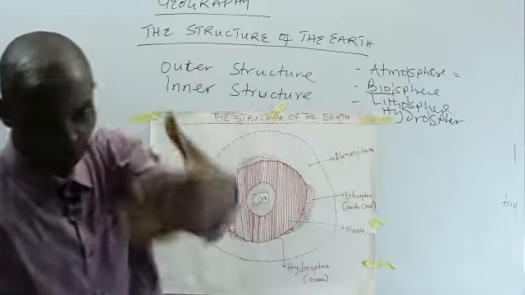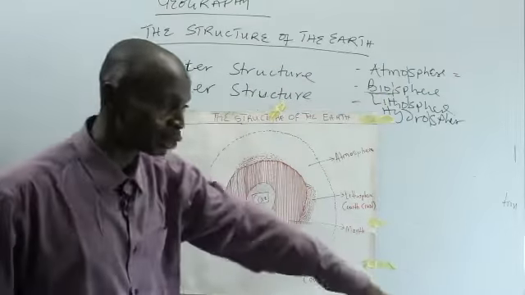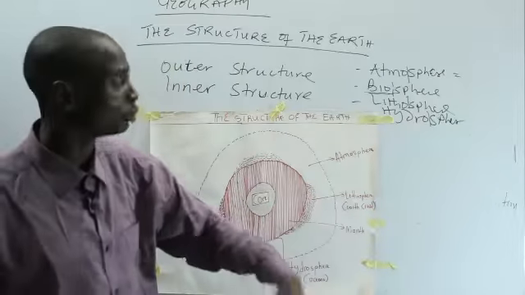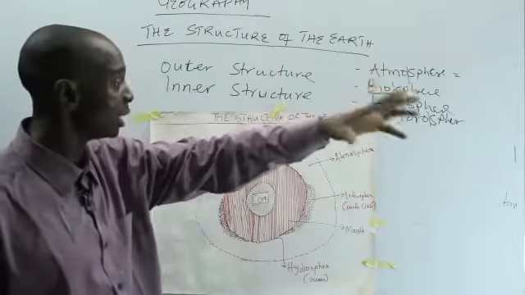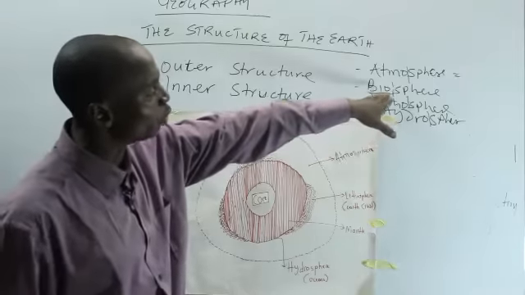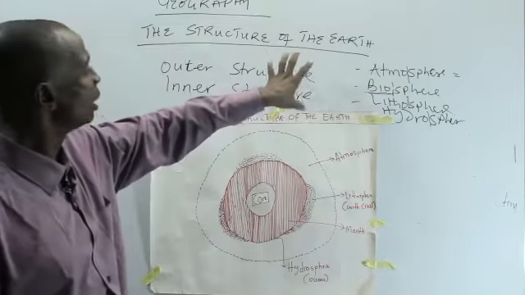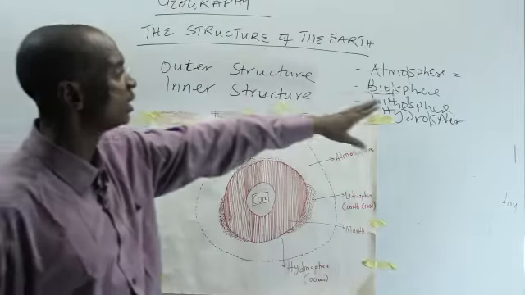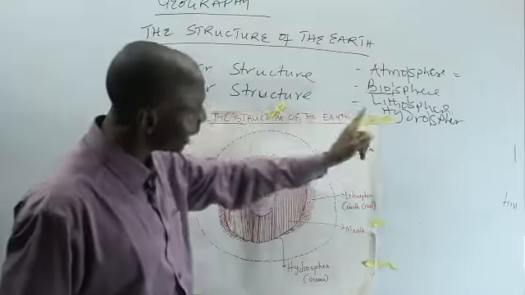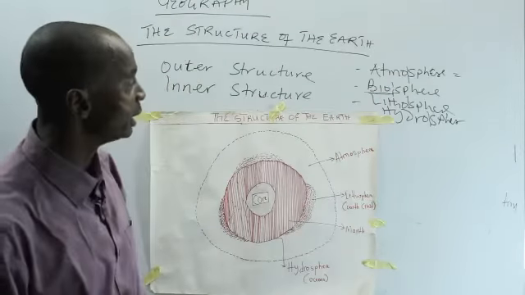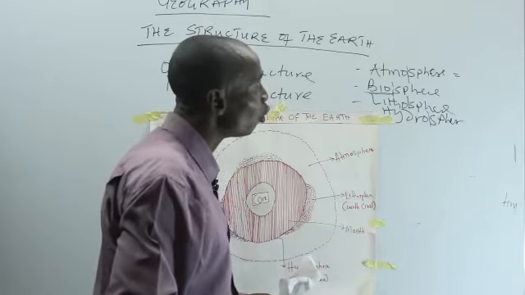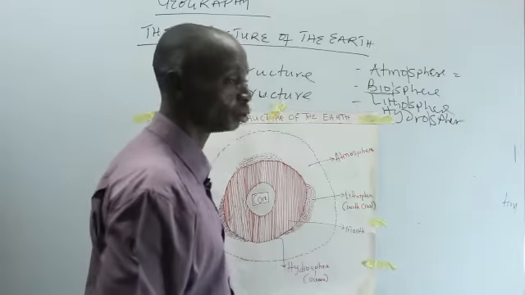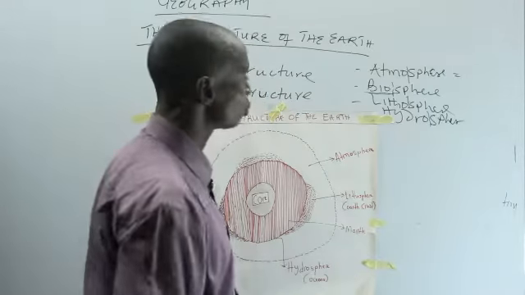You talk about you and I, other microorganisms, insects, animals, even the trees that you see. They occupy the portion of the outer structure of the Earth called the biosphere. Then we have the lithosphere. The lithosphere is the solid part of the Earth's structure.